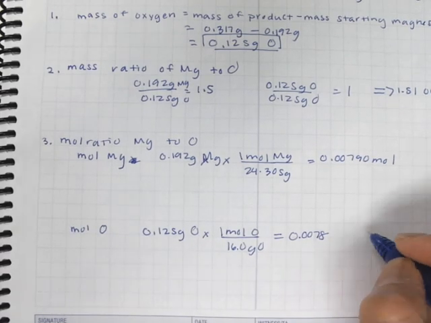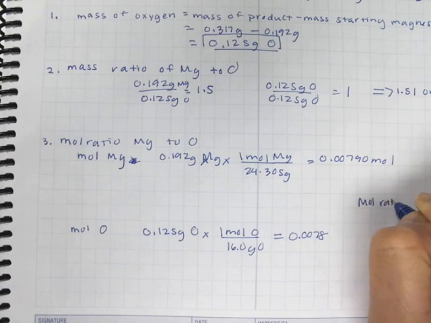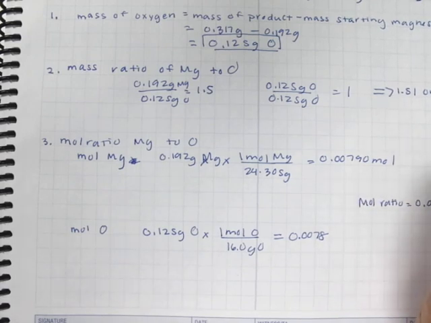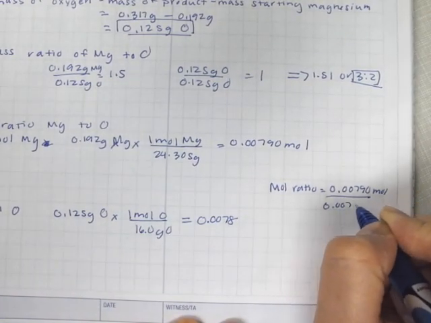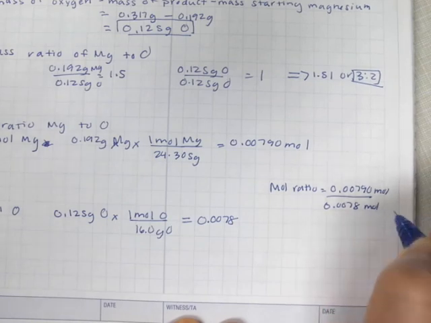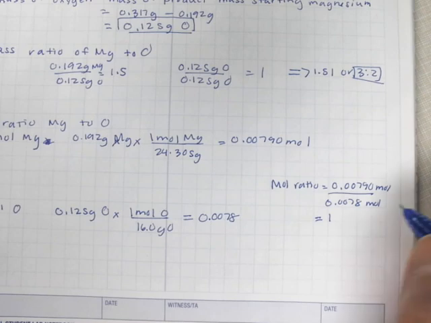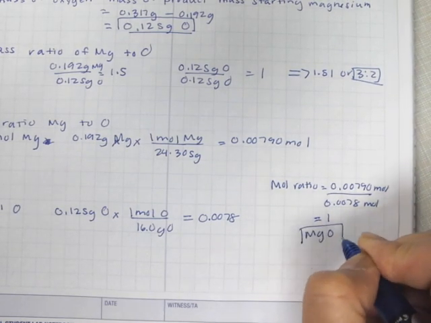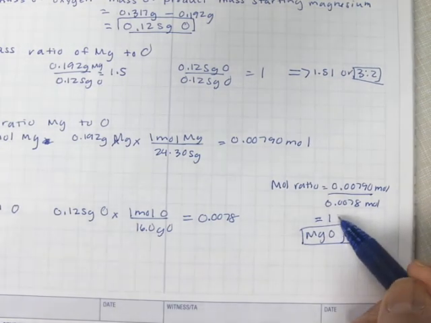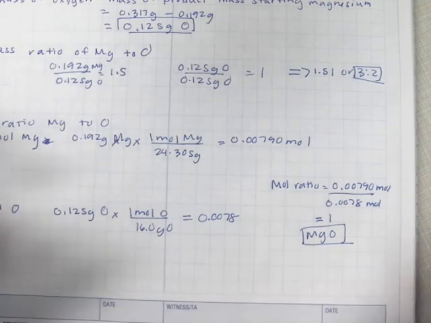So to do the mole ratio, 0.00790 moles over 0.0078, and that is equal to 1. So the mole ratio of magnesium to oxygen in this case is 1 to 1, so the empirical formula will be MgO.